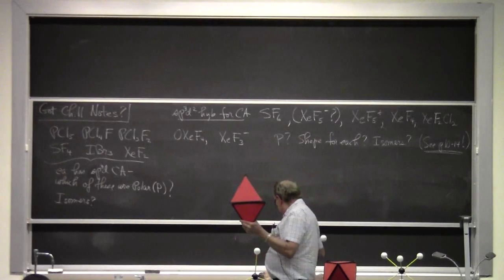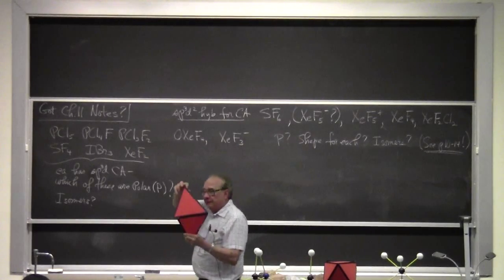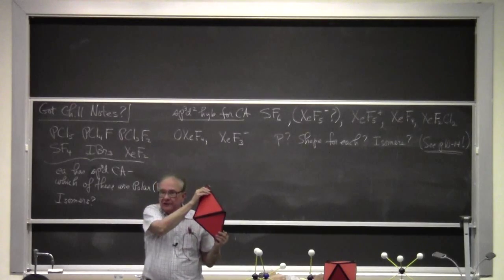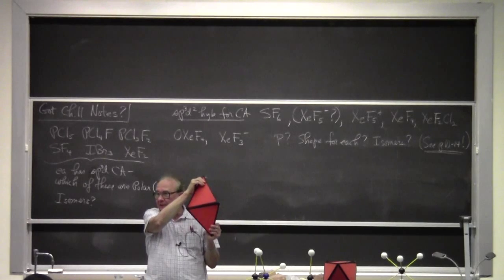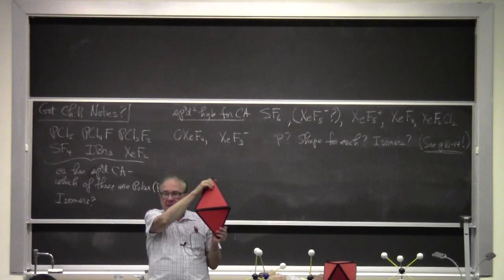You see, the trigonal bipyramid is rather a geometric anomaly. I think Ben pointed this out in his gathering yesterday.